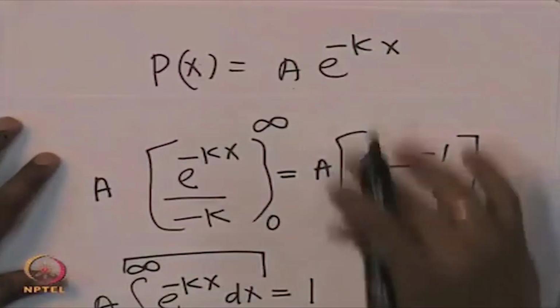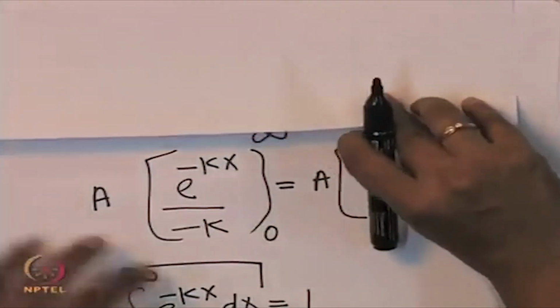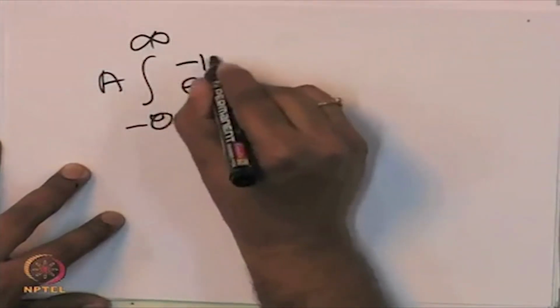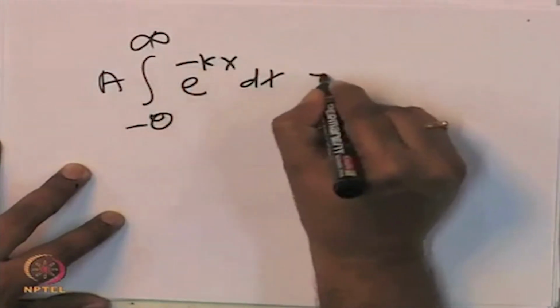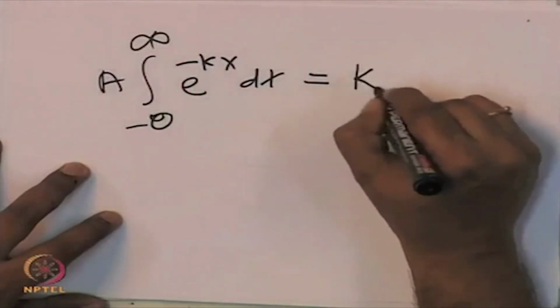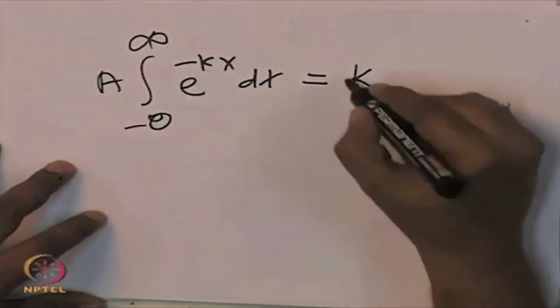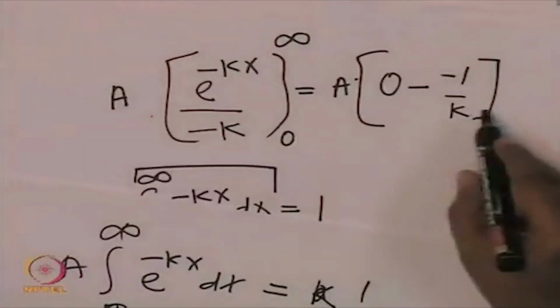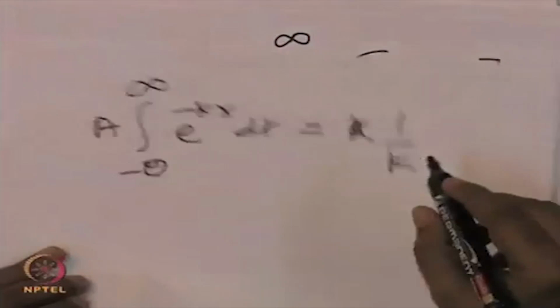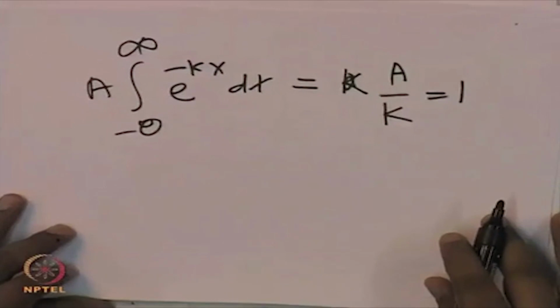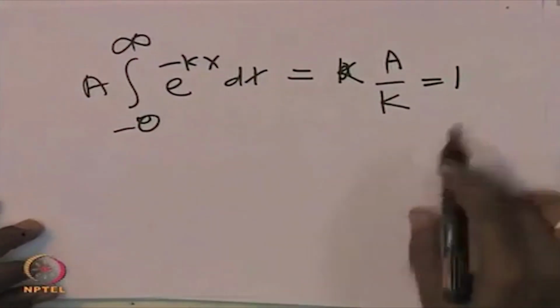So the integral of a e power minus kx dx from 0 to infinity is a times, sorry, 1 over k, that is a times (0 minus minus 1 over k), and this has to be 1.